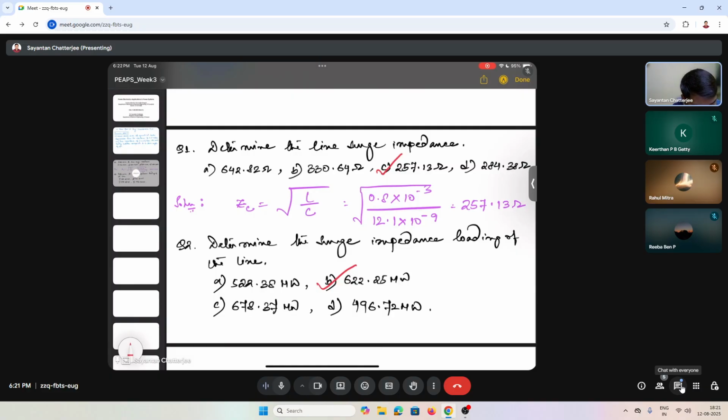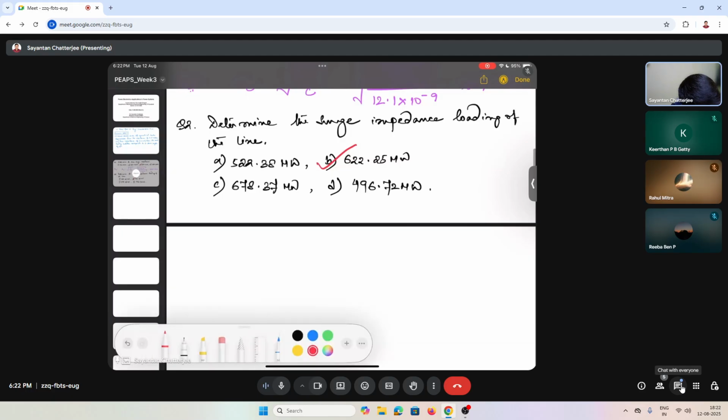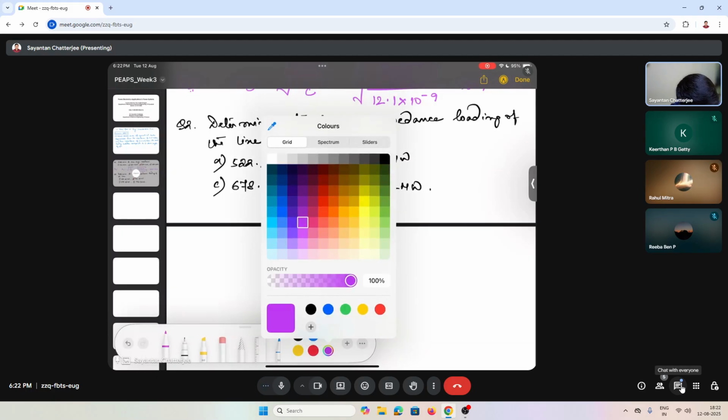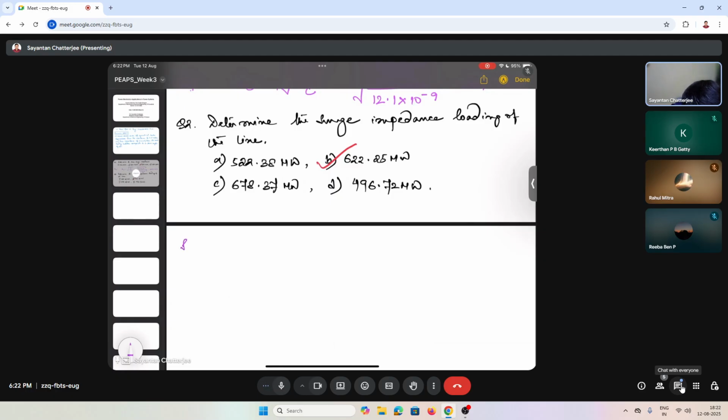Given that such characteristic impedance value we have known, with that we can easily find out the value of surge impedance, right? So let us quickly solve. This is required to calculate the surge impedance loading.